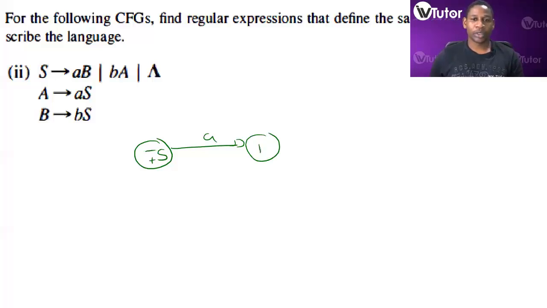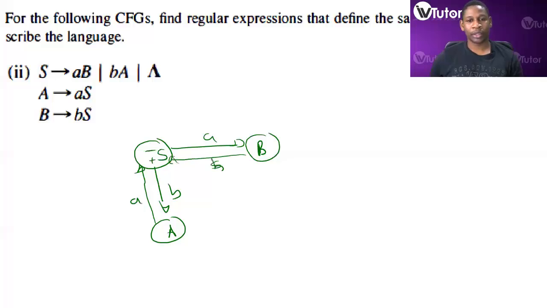AB. Right, with a B, you go to A. With an A, if you are in A, with an A, you go to S. With a B, you go to S. And then that's it.